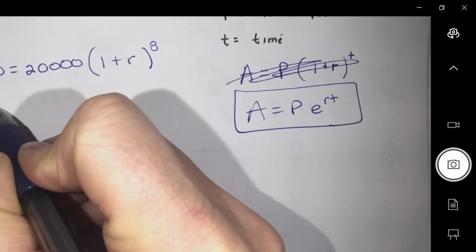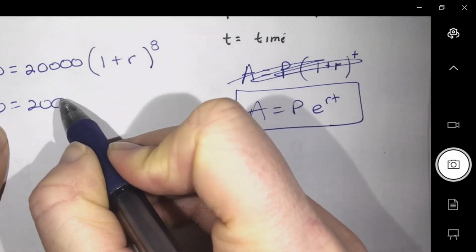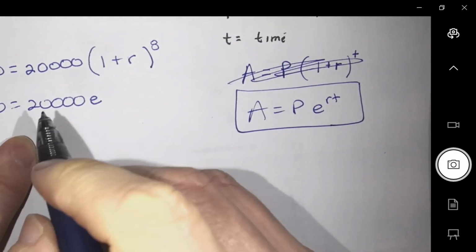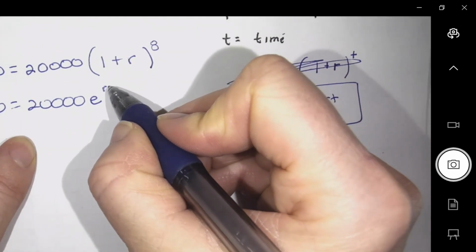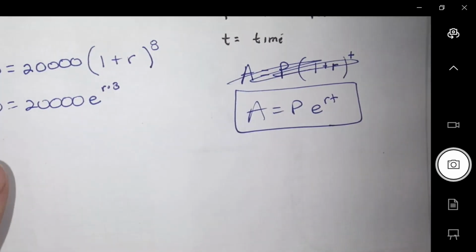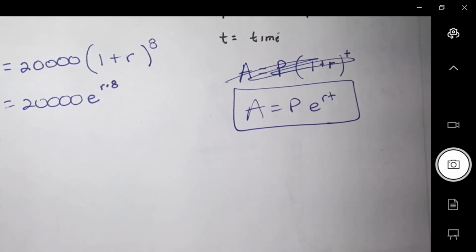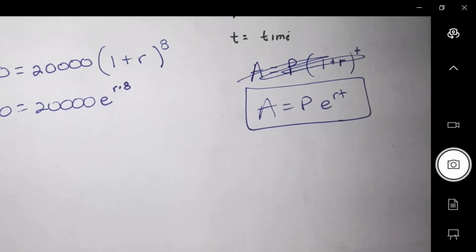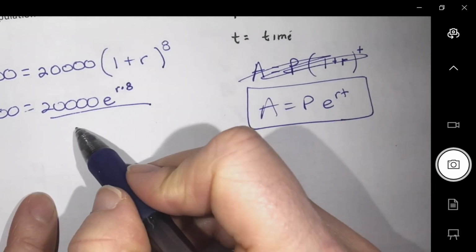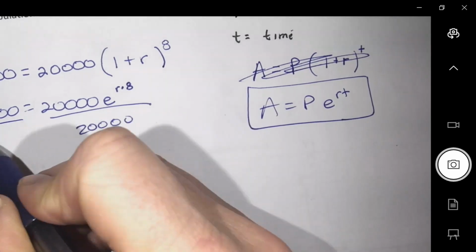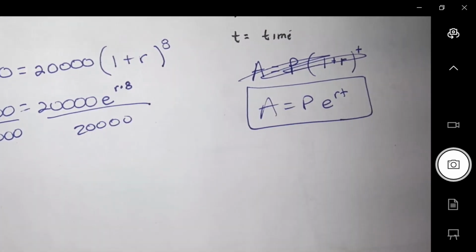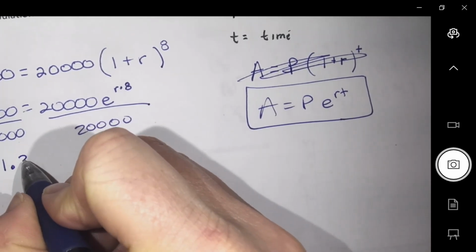So 26,000 equals 20,000 e to the r times 8. I'm going to divide by 20,000. This happens to come out to a nice decimal, so we can do that.